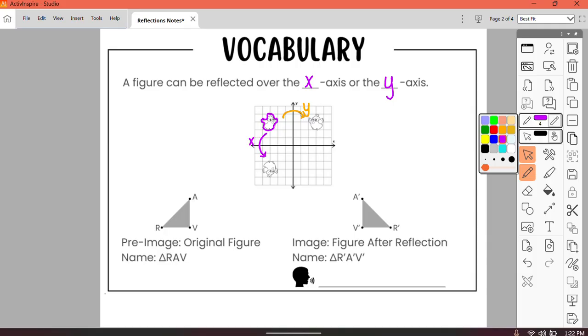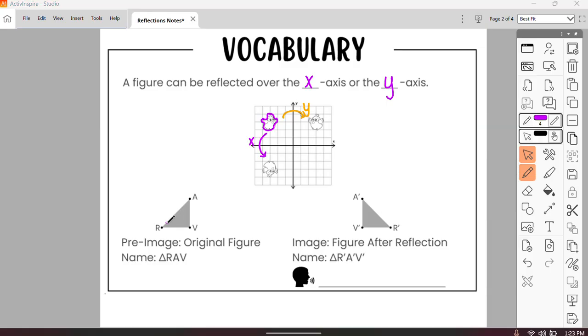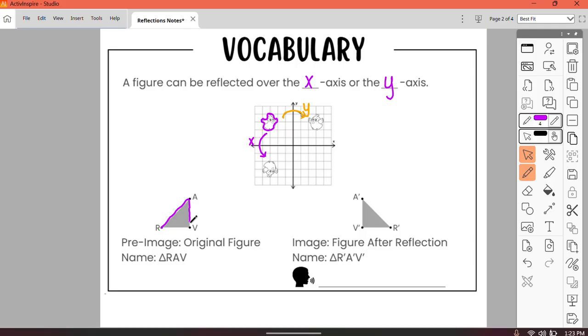Right underneath that, there's some more vocabulary that you got to know. Okay, and this is a more practical example. It's just a triangle, and that is something that you will see reflected in math frequently. So this is triangle RAV. And then if we reflect it like this, it's the same triangle, but it's been flipped to face the opposite direction.